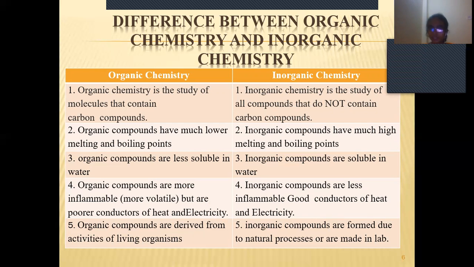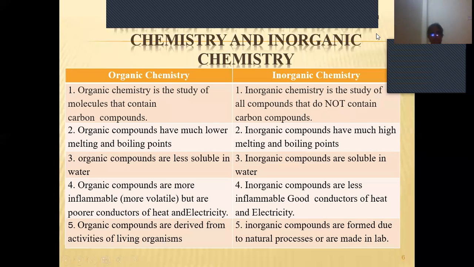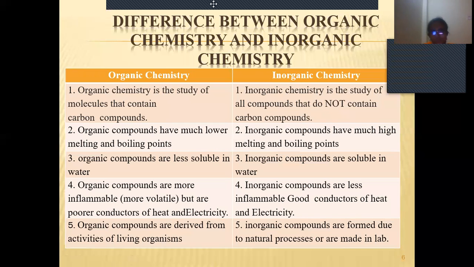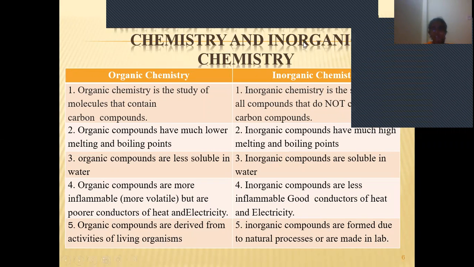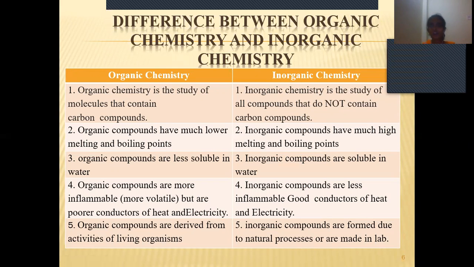Organic chemistry is the study of molecules that contain carbon atoms, and inorganic chemistry is the study of compounds that do not contain carbon atoms. So the first point: organic chemistry deals with the study of carbon compounds, and inorganic chemistry does not contain carbon compounds.